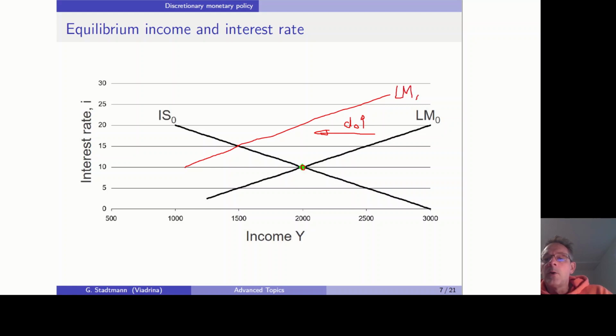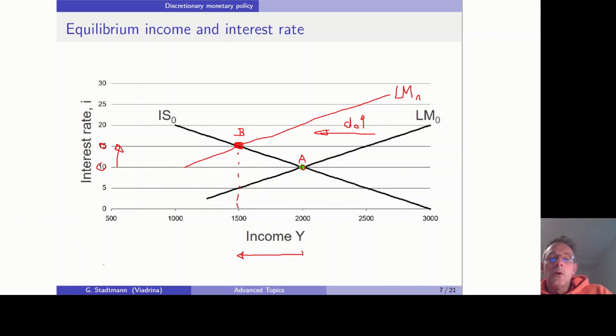There is a new LM curve, LM1, and we get into a new equilibrium, point B. This is the initial equilibrium point A. So overall, the interest rate increases in this graph from the level of 10 to the level of 15%. And due to this increase in the interest rate, income drops, so the economy ends up in a recession. So what can the central bank do in order to counter this effect?